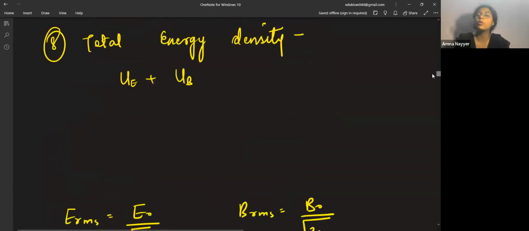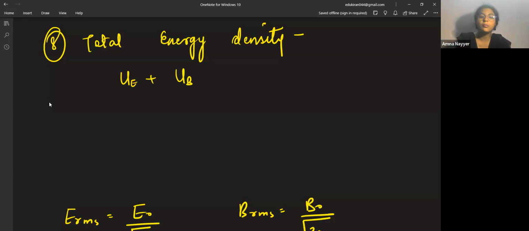When we are talking about total energy density, because that was just the concept of electric field, electrostatics and magnetostatics separately. Right now we are talking about EM waves, and EM waves are moving, propagating under the influence of both electric field as well as magnetic field. So for total energy density, you will consider electric field energy density and magnetic field energy density, both of them.